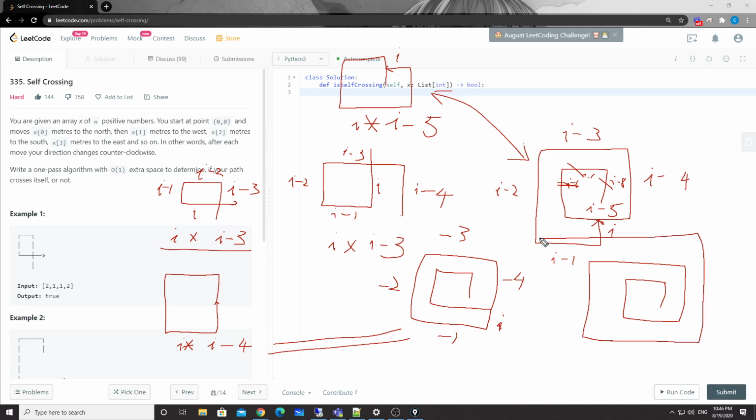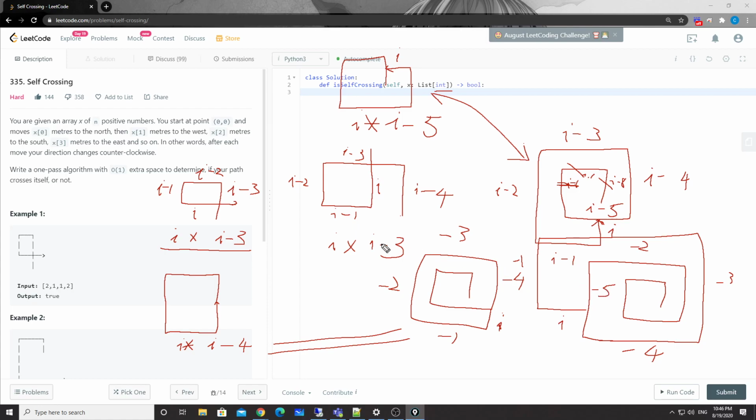This is the same as I crossing with I minus 5, because this is I minus 1, minus 2, minus 3, minus 4, and minus 5.